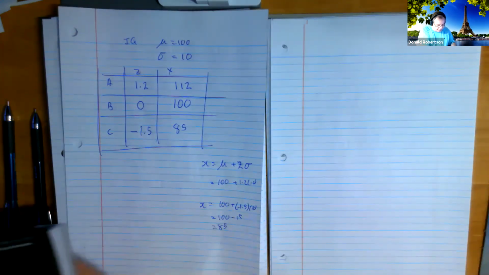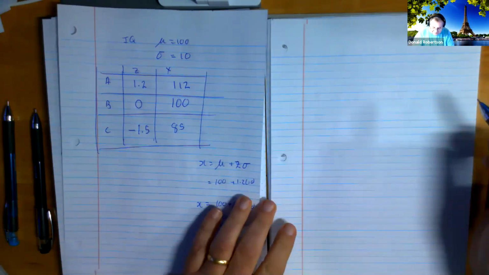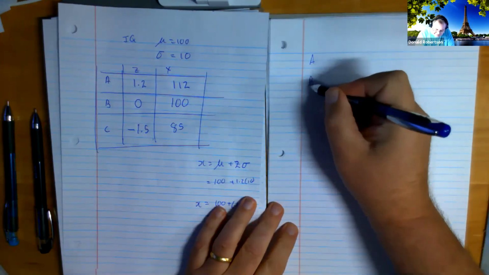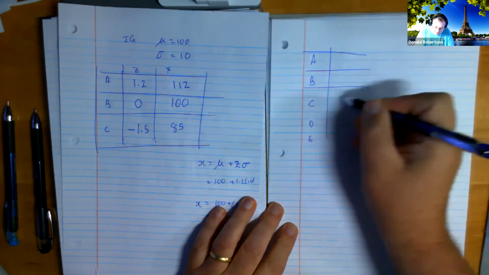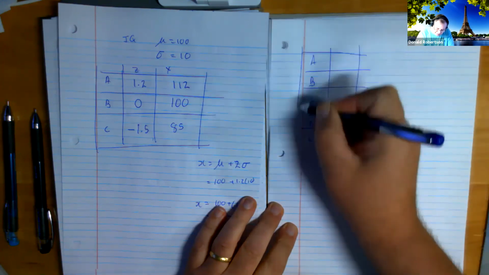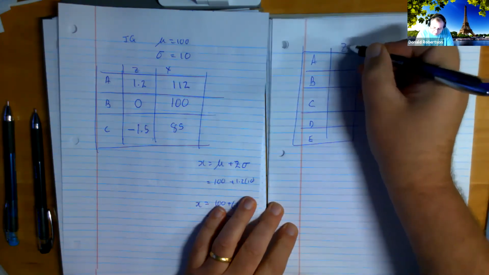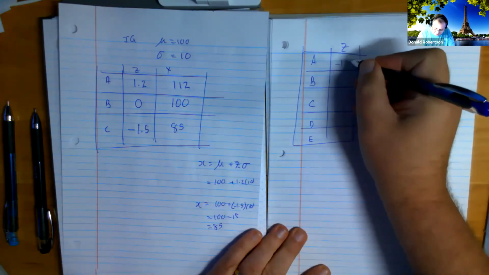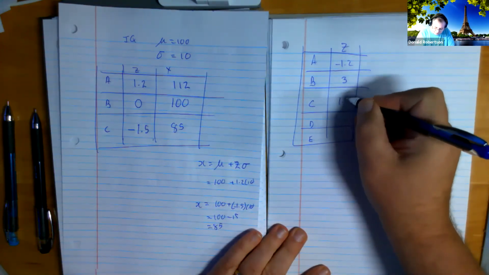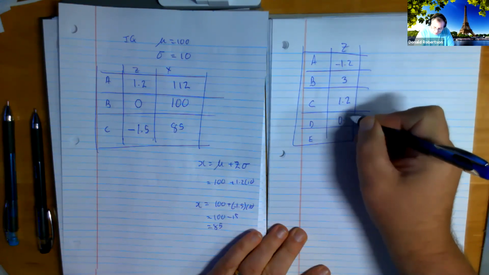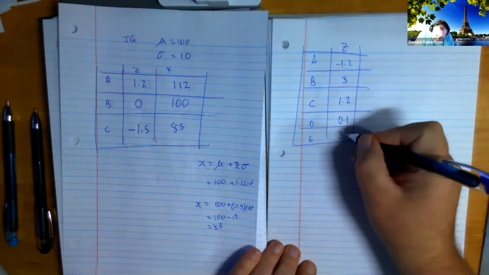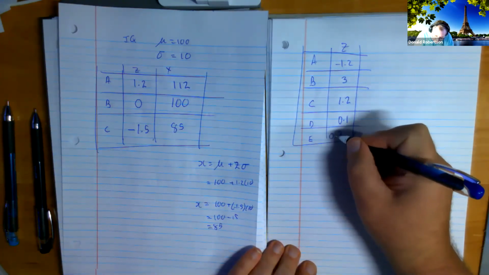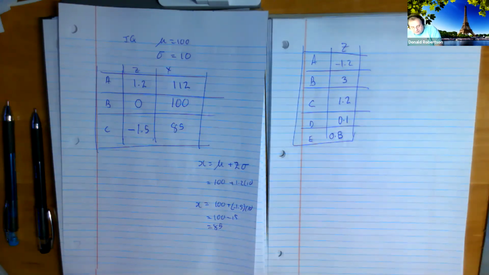Different kind of Z-score question. We have 5 people. We're not going to tell you their height. What I'm going to tell you is what their Z-score was. Which one of those 5 people is the tallest?